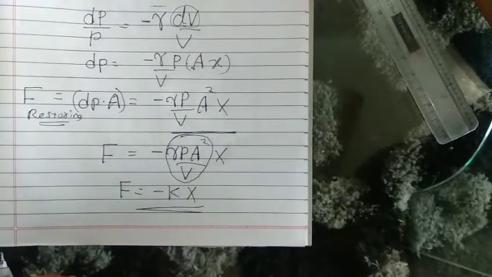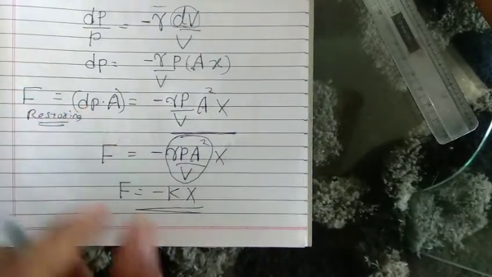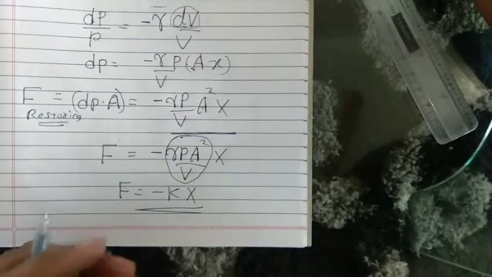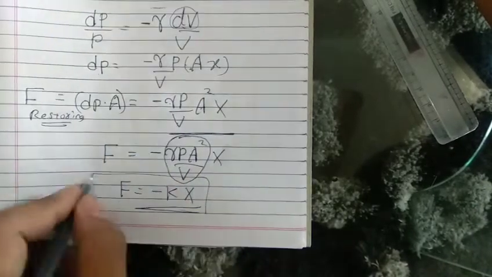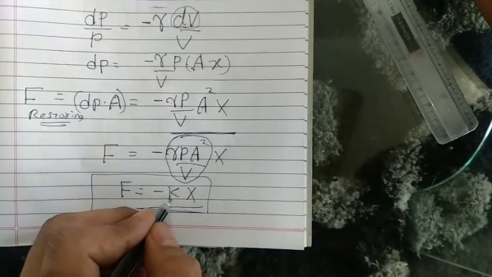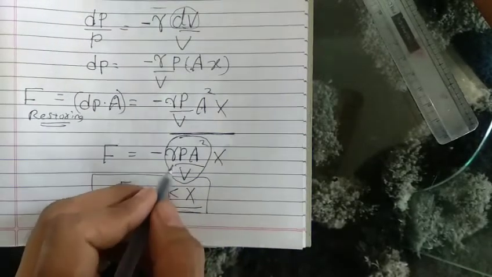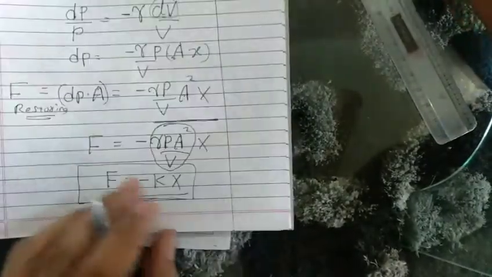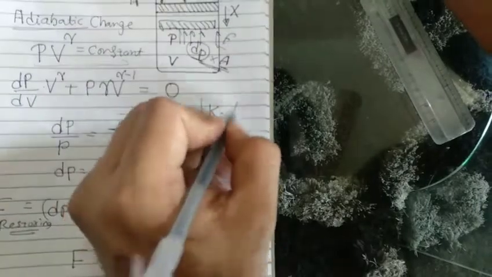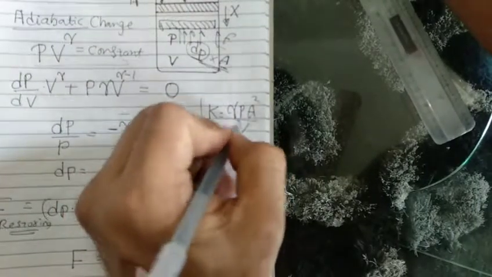It clearly shows that the piston, on which this force is acting, with X the displacement of the piston, performs oscillation. The force constant K is equal to gamma P A square by V.